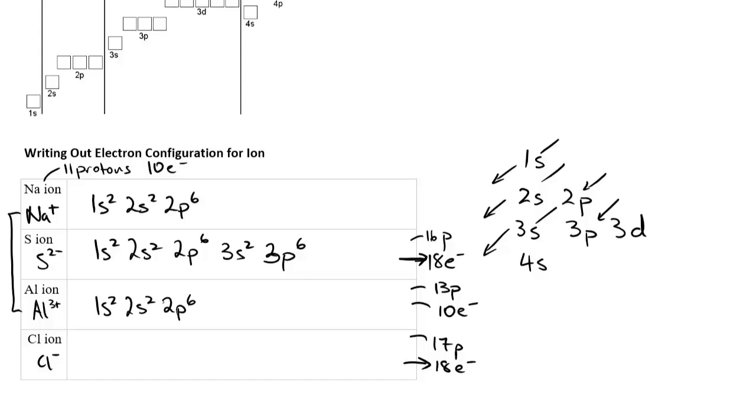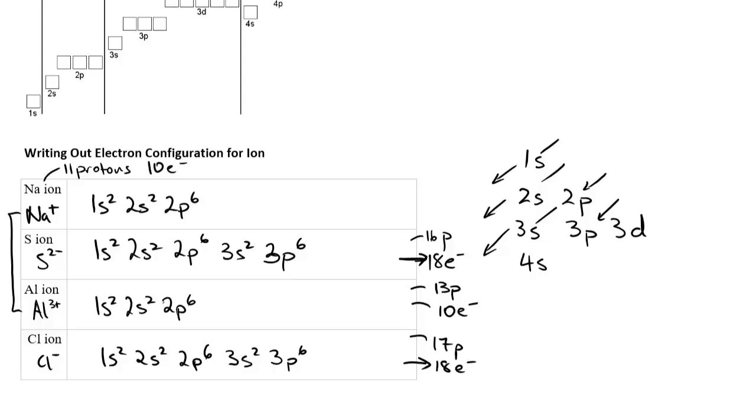Chlorine will have exactly the same electron configuration as sulfide. So 1s2, 2s2, 2p6, 3s2, and 3p6. Okay, so that's just some practice for you there on how to write out these electron configurations for ions.